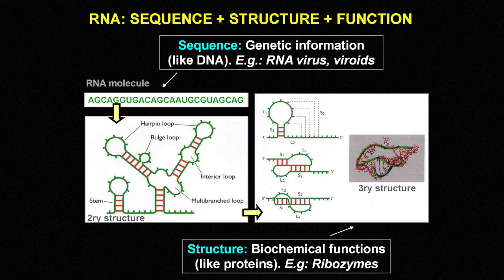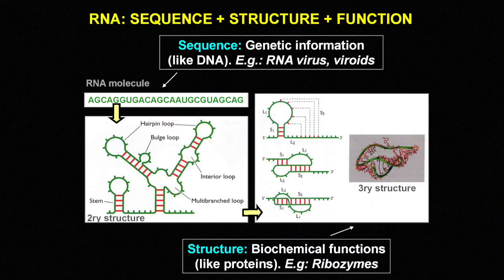And it folds again because, for instance, if these three nucleobases are complementary to this one, they can interact. And they form long-range RNA-RNA interactions. And at the end, they go to tertiary structures, more similar to proteins in that sense. And what's the interesting point here?